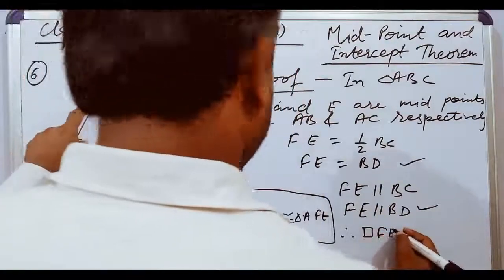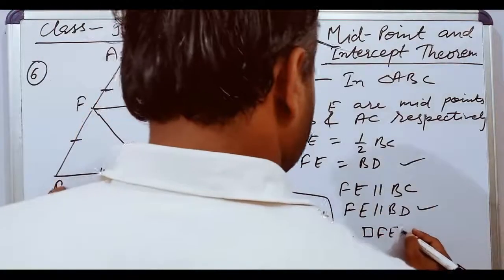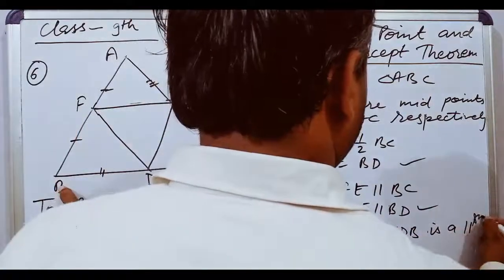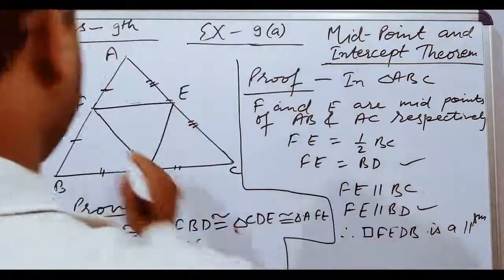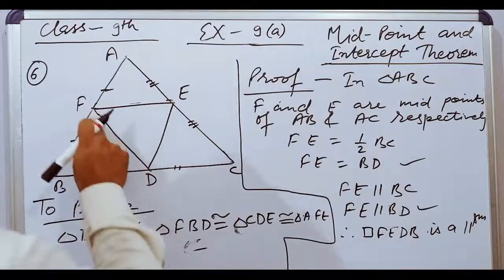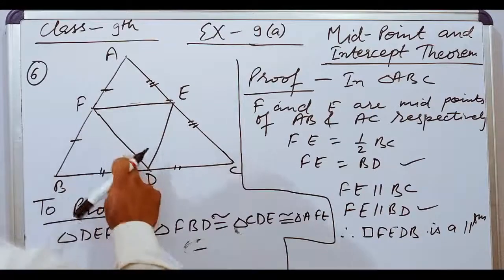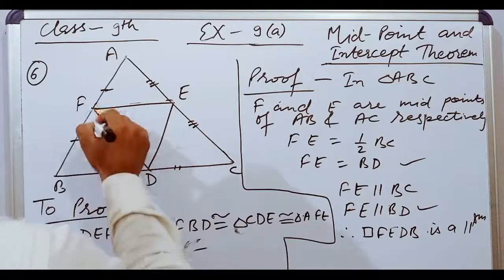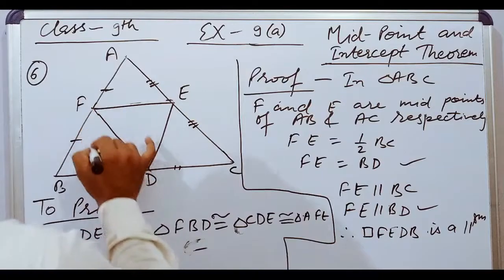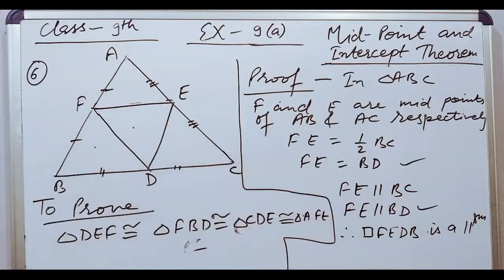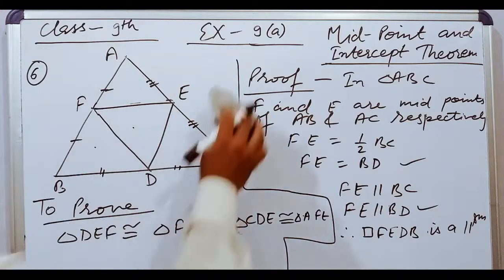Quadrilateral FEDB is a parallelogram. Since in a parallelogram the diagonal bisects the parallelogram, it means this triangle is equal to this triangle.